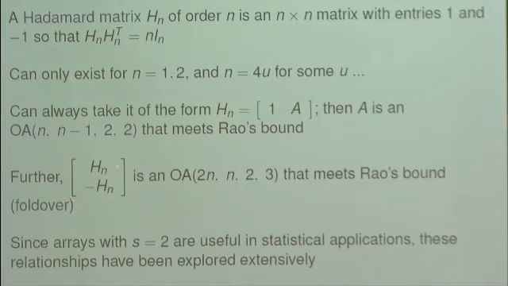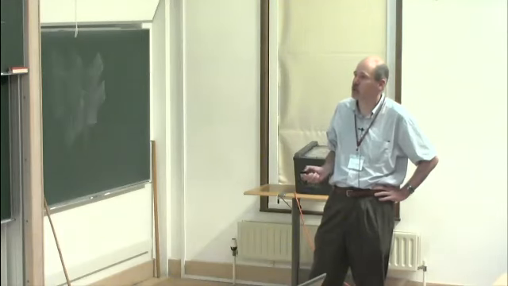You take any Hadamard matrix, no matter how it looks, and put minus that Hadamard matrix below it. If you now look at this matrix over here, that's again an orthogonal array, and now it's an orthogonal array of strength 3 that also meets Rao's bound, so it also has the maximum number of columns. So these are very simple constructions, very simple relationships between Hadamard matrices and orthogonal arrays.